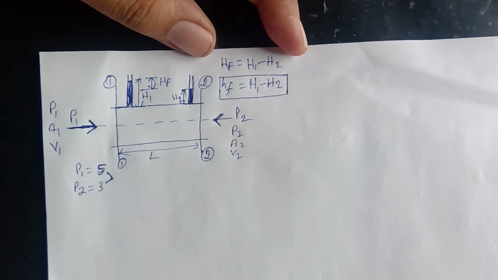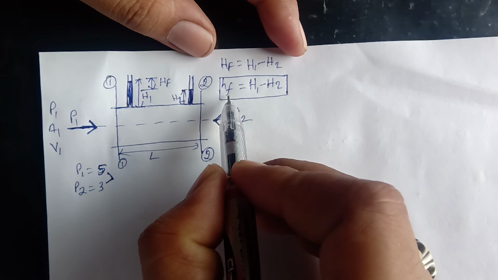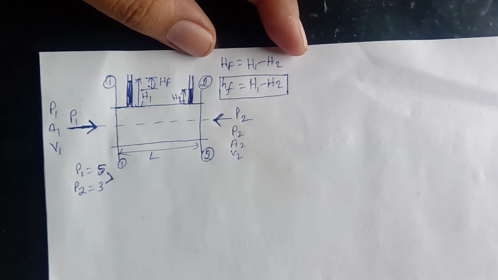So this small hf is called frictional loss, or we can say it as energy loss, or the energy which it is dissipating from point 1 to the point 2. Okay, so that is HF. Look at the equation. Any doubt, please comment me.